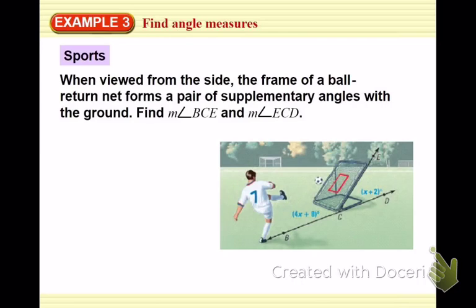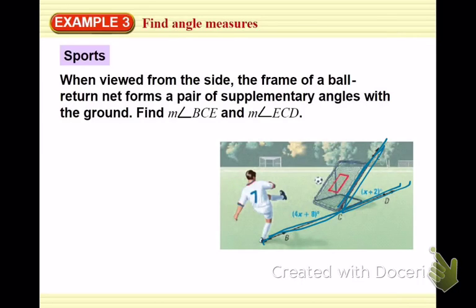But here we use the idea that this ball return net forms a pair of adjacent angles with the ground. So if we consider the ground here, the ball return net here, then it creates two angles that are adjacent, right? They're side by side and they're touching.